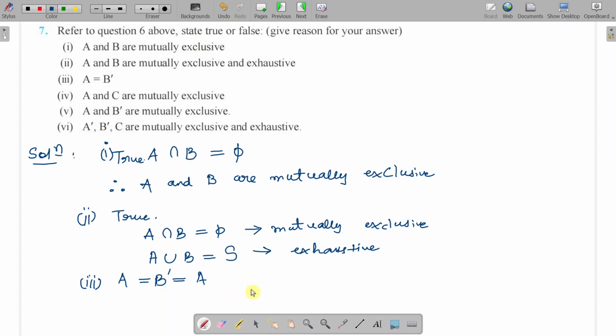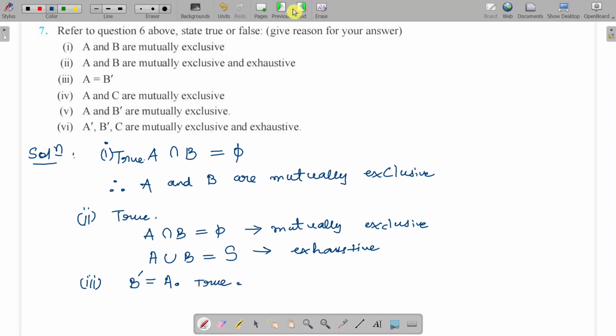So they are asking whether A is equal to B complement. If you look at B complement, it is equal to A, right? So this is true. True it is, right?